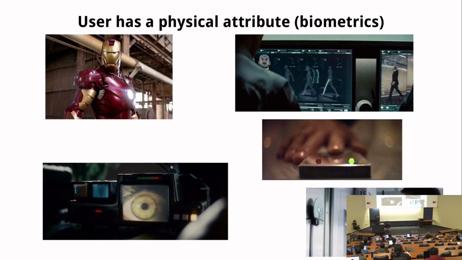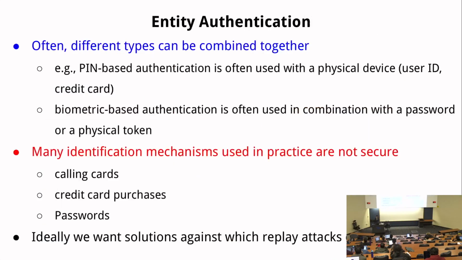We will talk about biometric authentications this Friday. Okay, so you can see that, first of all, we usually combine multiple different authentication methods together, and that's why we call it second factor authentication or multi-factor authentication.